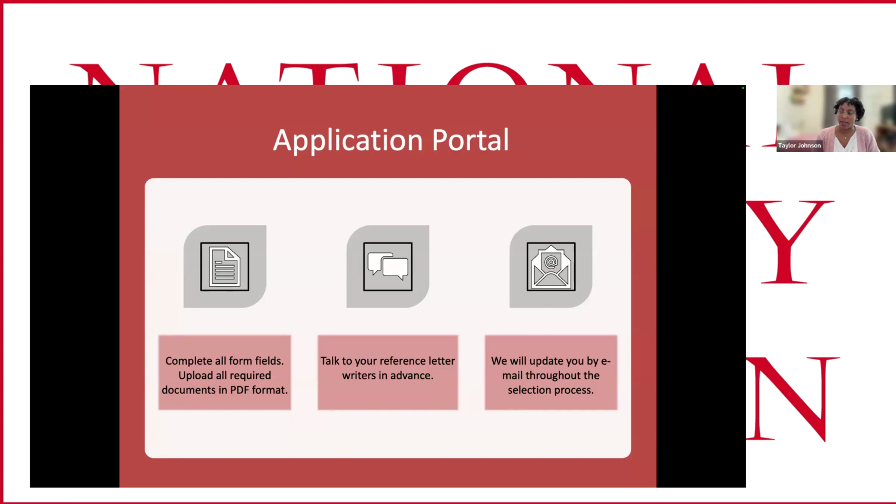And then in our application portal, you can also send them reminders before the due date to ensure that they have the link and the appropriate documentation and/or instructions to know what to put into the letter of recommendation. And then throughout the selection process, we provide written updates by email. So it's very, very important that when you are importing your email addresses and the email addresses of your letters of recommendation, that you are importing them correctly.